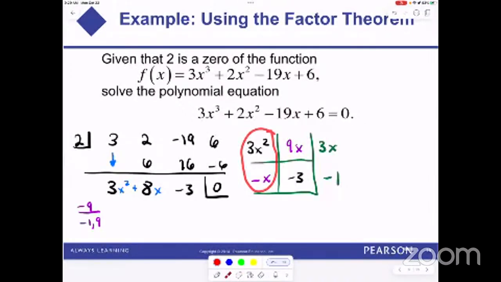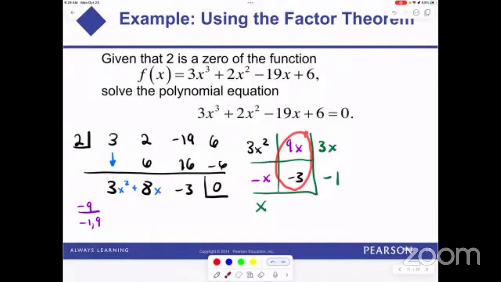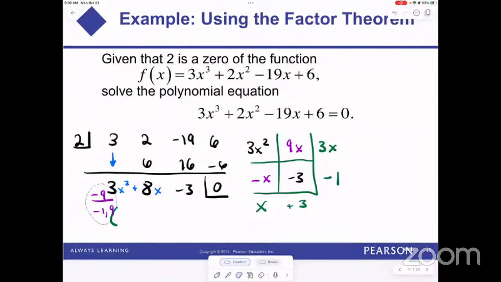And the 2 on the right, we can factor out a plus 3 from both. So our claim is that 3x squared plus 8x minus 3 factors into... let me move this over to the side somewhere. That's fine.